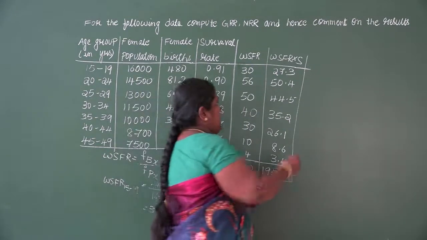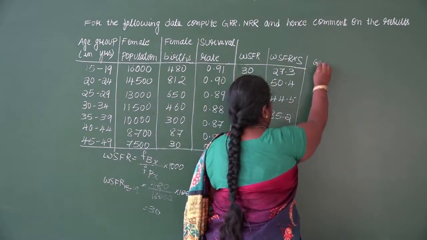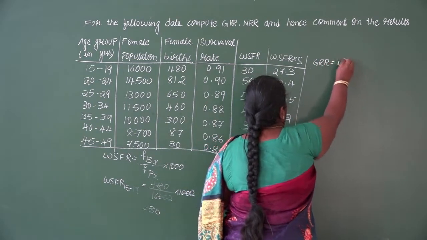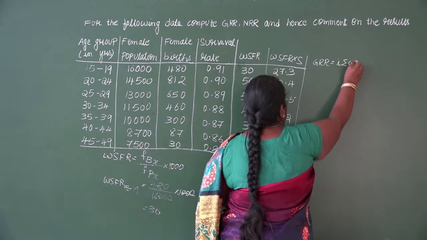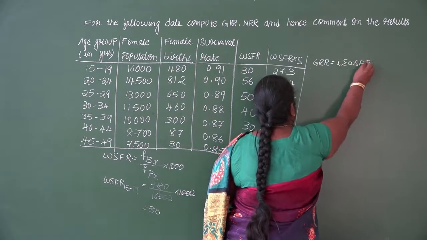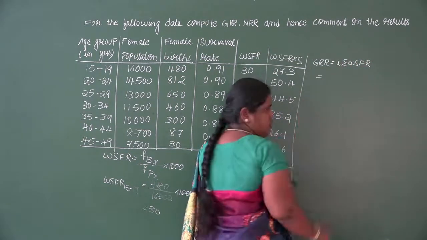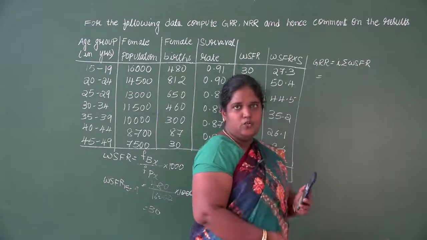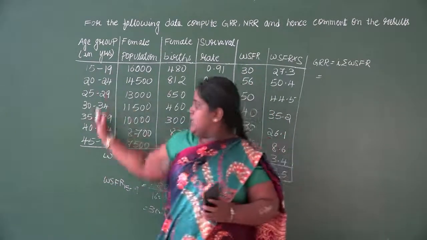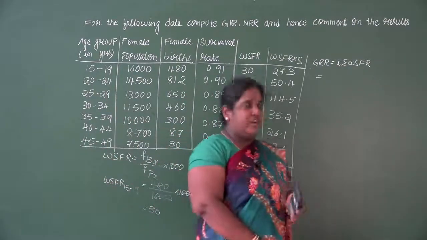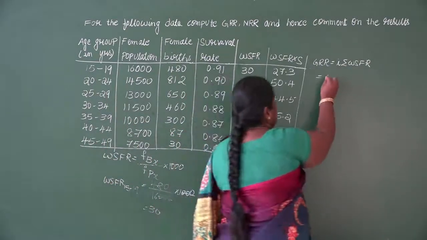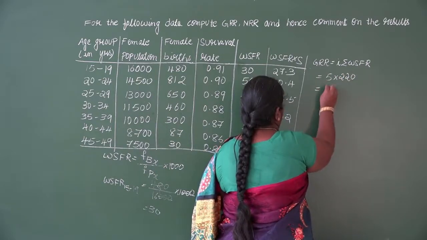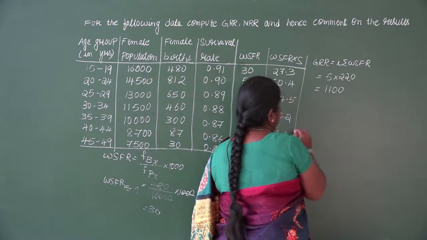So now we'll calculate GRR. The GRR formula is I sigma WSFR. I stands for the width of the class interval. So the width of the class interval, 15 to 19 or 20 to 24, if you take any class interval here, the width is 5. It is common. So it is 5 into 220, we will get 1100.